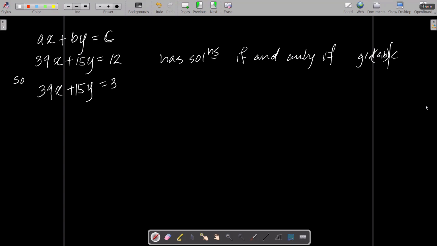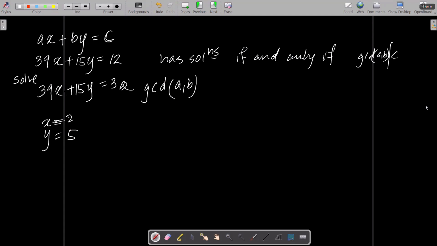Solve this. Okay. This can be solved using extended Euclidean, because 3 here is the GCD of A and B. So this can be solved using extended Euclidean. Then you have values for x and y. For this one, it would be x is 2 and y is 5.